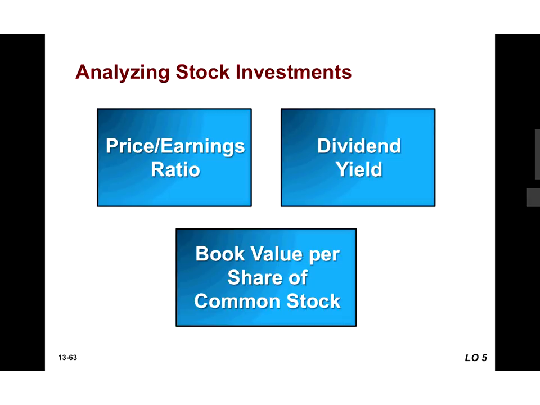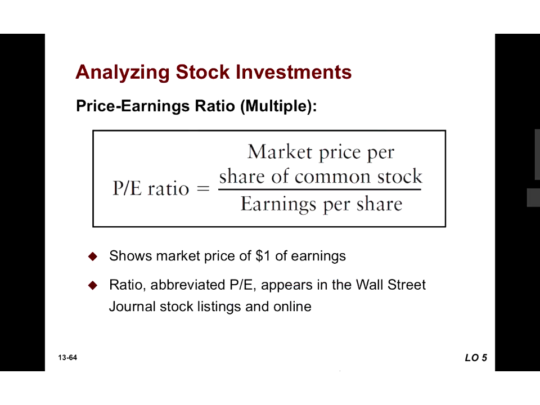The last group we have is analyzing stock investments, looking at how a stock investment performs. The most widely quoted one of these is the price-earnings ratio, and this is actually in the Wall Street Journal. It's called the PE ratio. It's taking the market value of a share of stock, dividing by the earnings per share, and basically what that's showing is the market price per dollar of earnings.